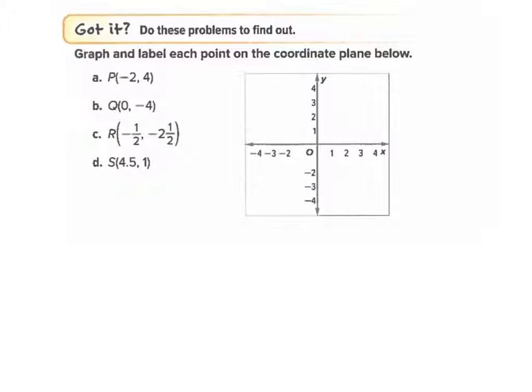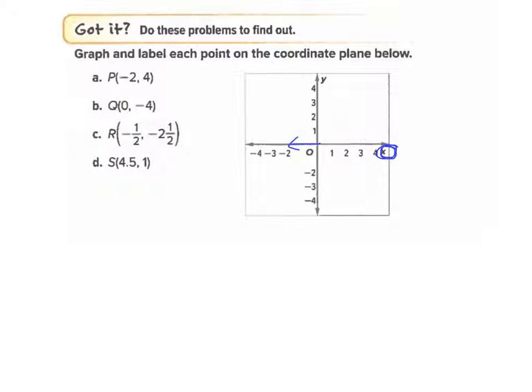So let's see a couple of these in action here. The grid on my coordinate plane here is a little washed out, but we can still figure out where the points would be. First we want point P at -2, 4. So again, first number is my x. So that means I'm going to find -2 going left and right. -2 is to the left.